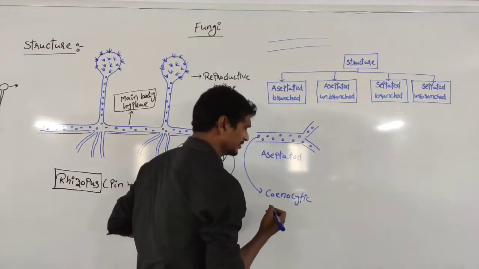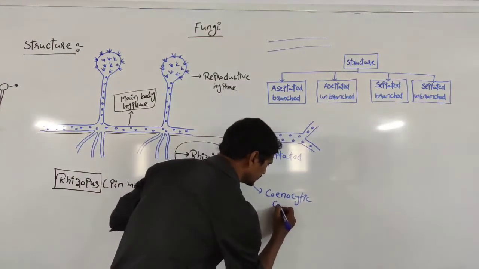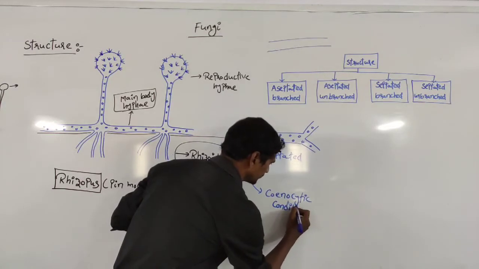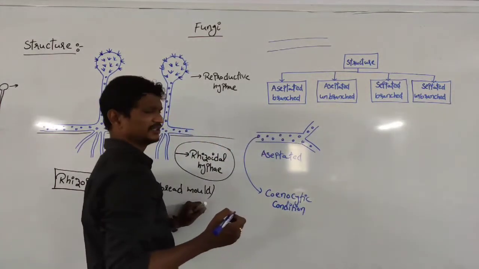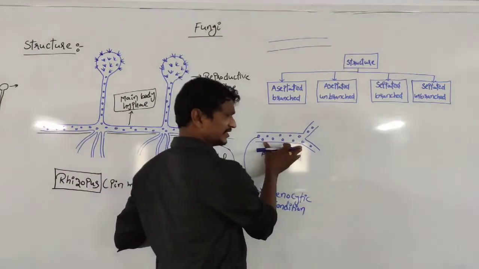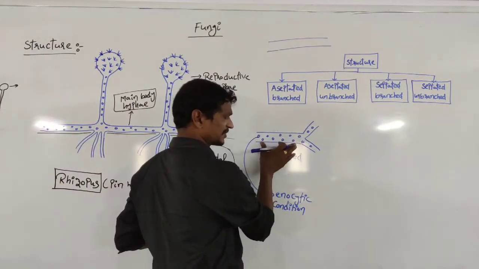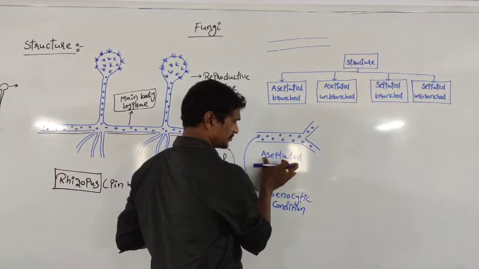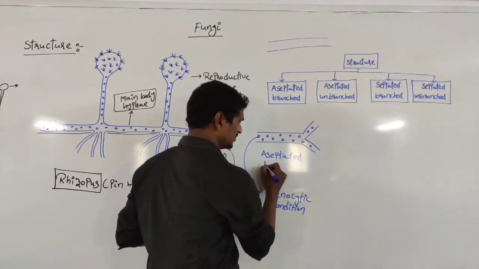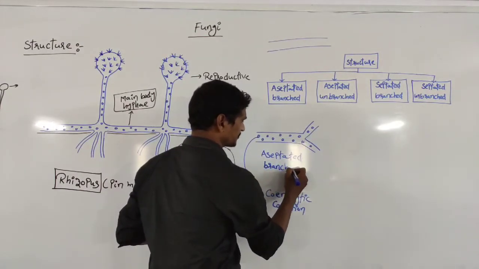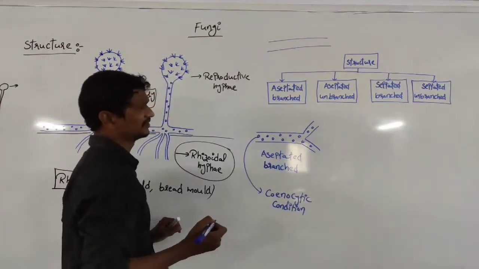This is one of the important bits. Within that mycelium, septa are absent, so this is aseptated, and here branches are present. This one is branched.